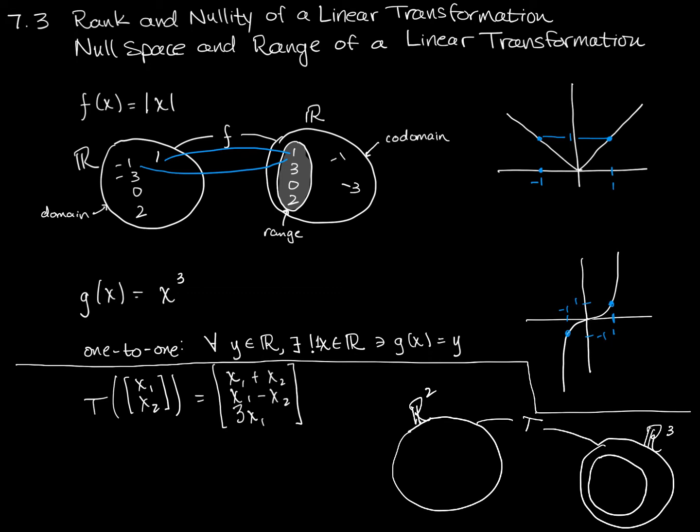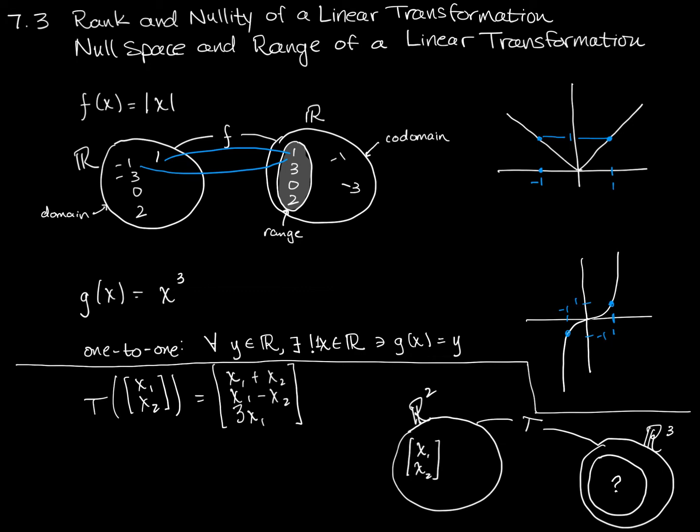And the question is, if I take something in R2 and use this transformation to map it into R3, it has to fall into the range. But once it gets there, let me just put a question mark here.